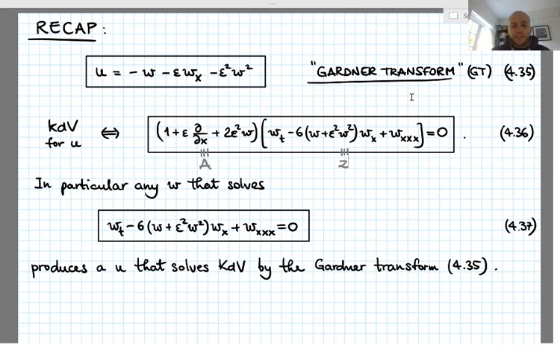Let me remind you that last time we started constructing new conservation laws for the KdV equation, in addition to the conservation of mass, energy, and momentum that, as I mentioned, are not unexpected.